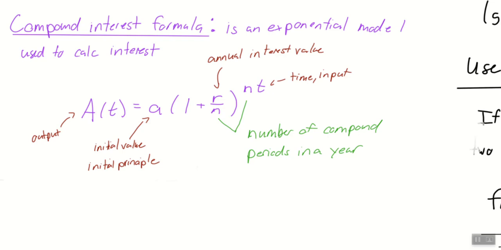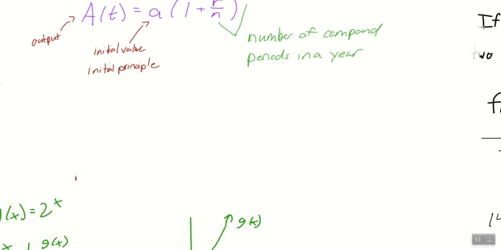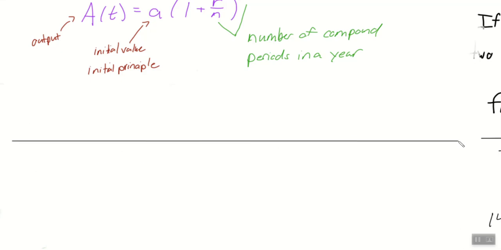Okay, 3 years if you did it monthly and quarterly. I'm going to draw a little table for monthly and quarterly. We already found yearly, so let's start with yearly or annually.